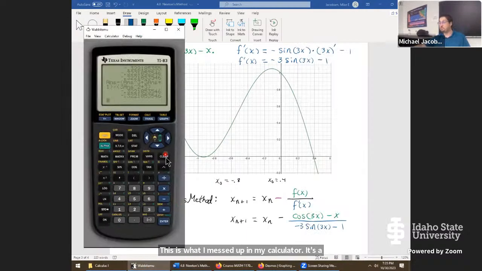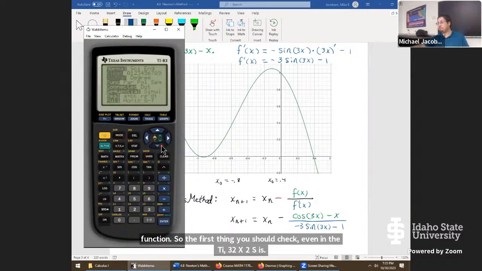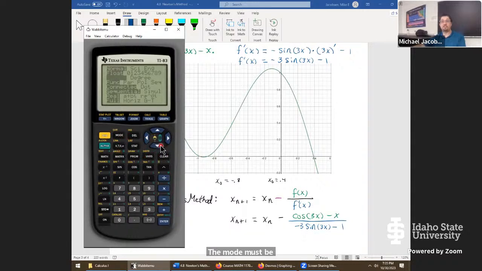It's a trig function, so the first thing you should check, even in the TI-36X Pro, is the mode must be radians. If it's set to degree, we're not going to get the right thing at all. It's never going to stabilize. Our answers are just going to look really, really weird. So make sure you're in radian mode anytime a trig function comes up, and you know you're going to operate the calculator to get through it.